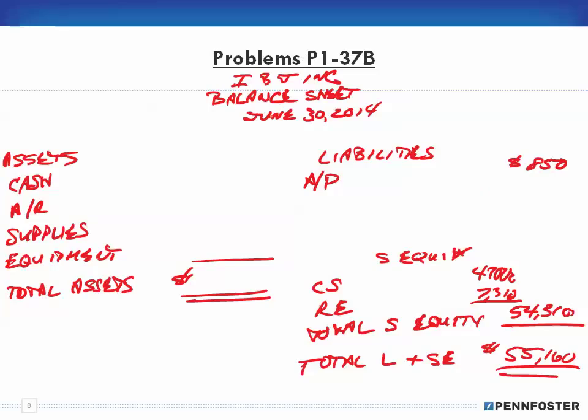Now, to fill in the assets, over here you have a dollar sign, and of course a dollar sign here. So for my assets, I have 14,360 for my cash, 8,200 for my receivables, 600 for my supplies, and 32,000 for my equipment.